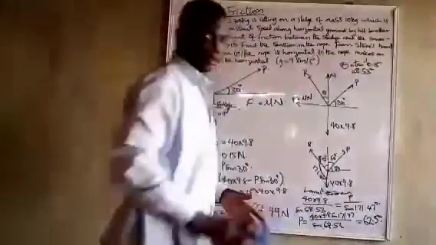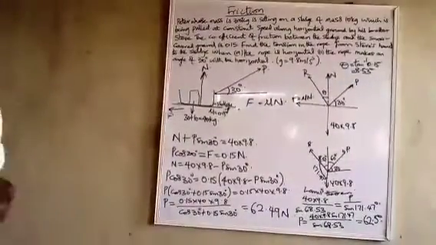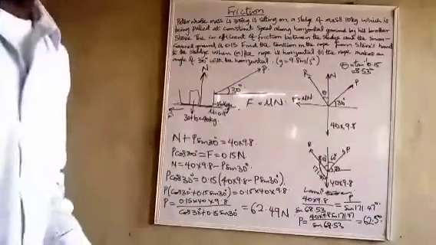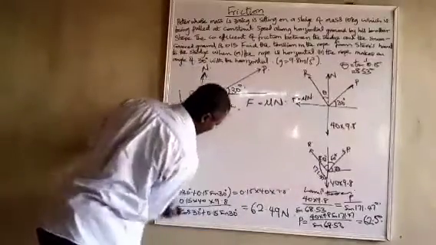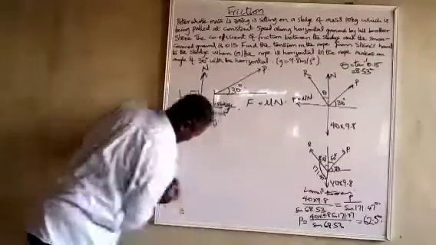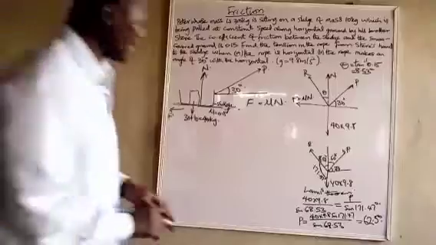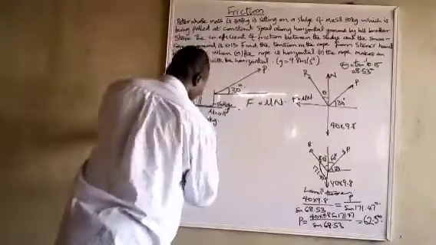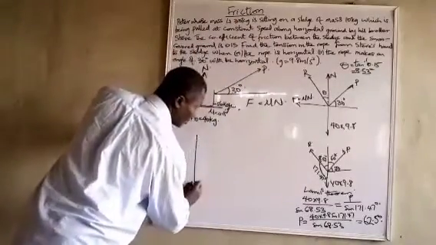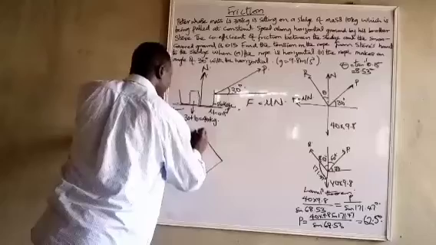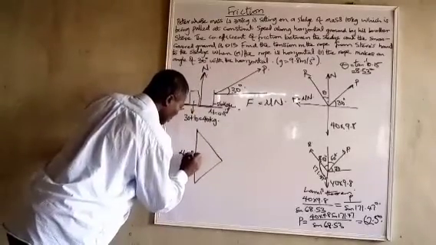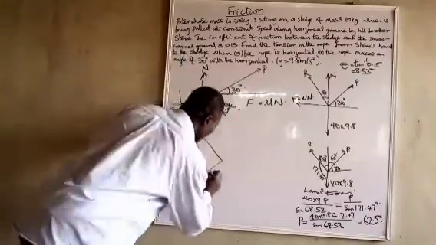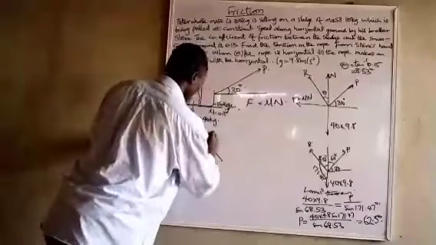If I want to draw the triangle of forces, let me tell you how it will look. I have something like this. Can you see? So this one is 40 times 9.8, this is my P, and this is my R.